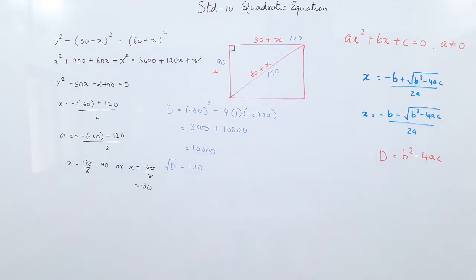Today's method is called the quadratic formula. I want you to see the previous lectures, the splitting the middle term, the factorization. In the second lecture I taught you the completing the square method. So I want you to revise all the lectures together, compare the methods and practice a few sums on your own.